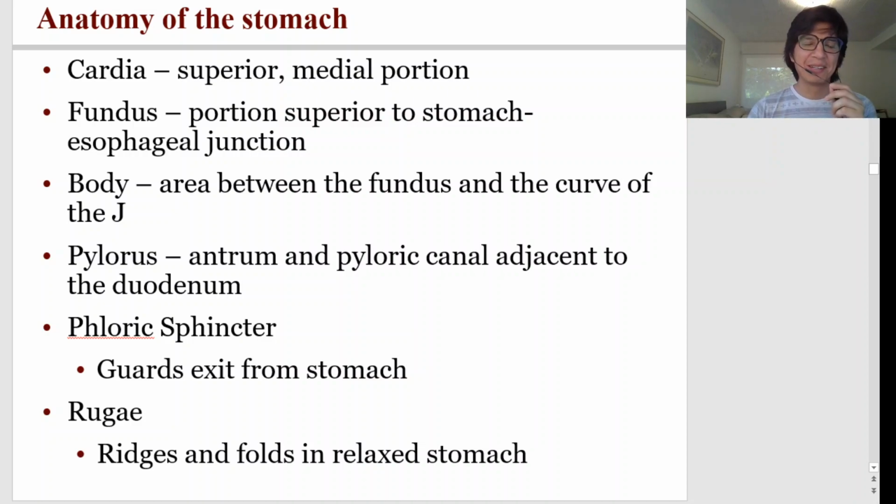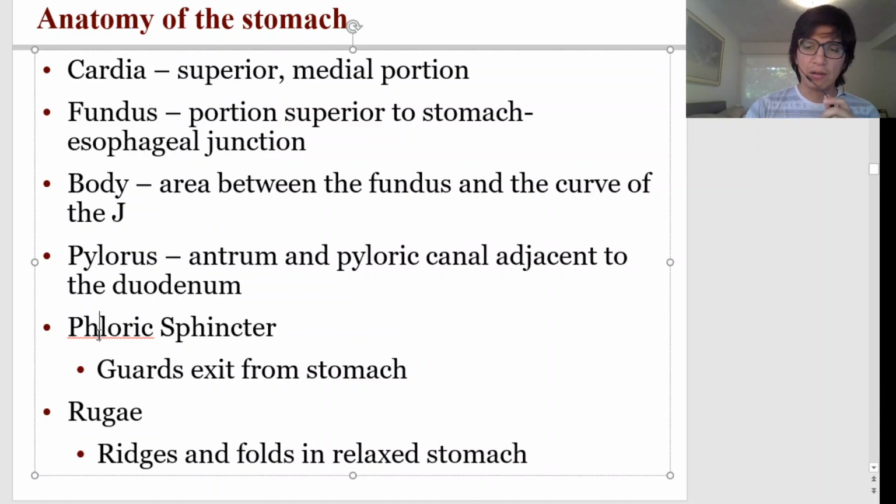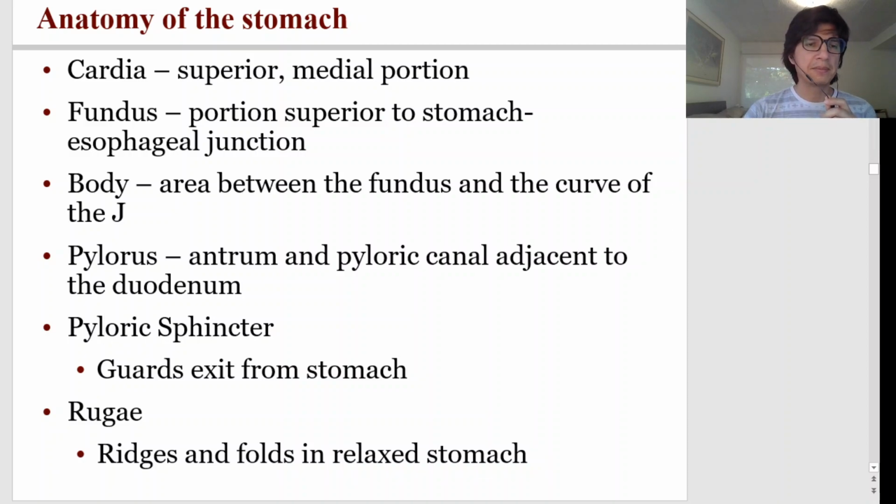Okay, I'm going to continue. So here's the anatomy of the stomach. We're going to focus on the cardia, the fundus, the body, your pyloric sphincter, and your rugae.